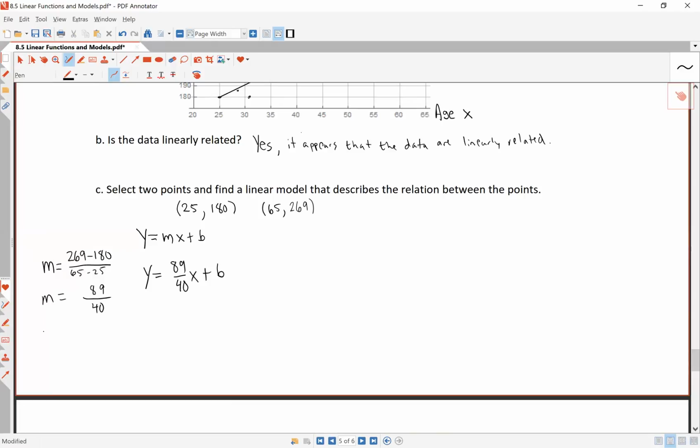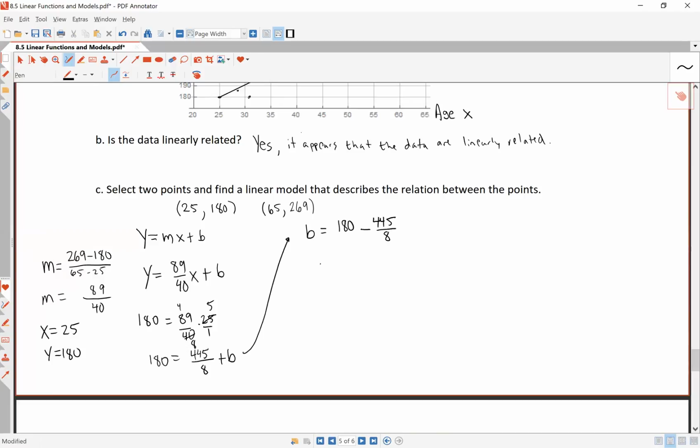Now we choose the point (25, 180), and we use x equals 25, y equals 180. Times 25 over 1. 5 goes into 25 5 times, and into 40 8 times. That's 5 times 89, 445. This says that b is 180 minus 445 over 8.